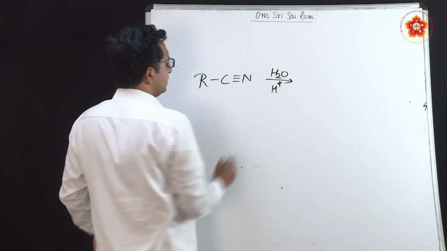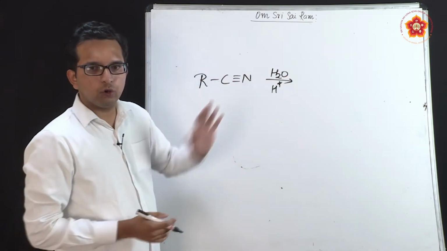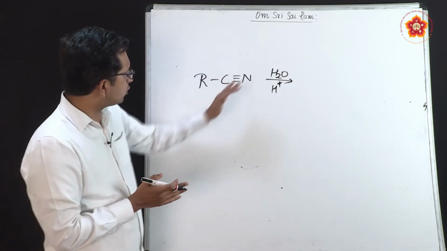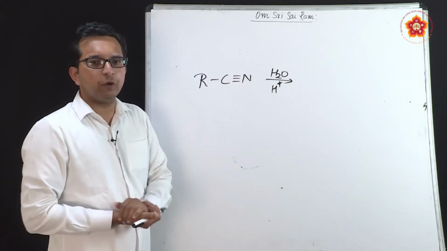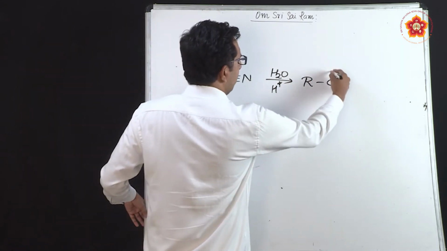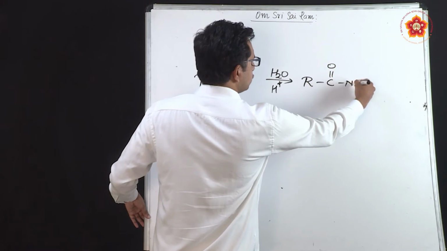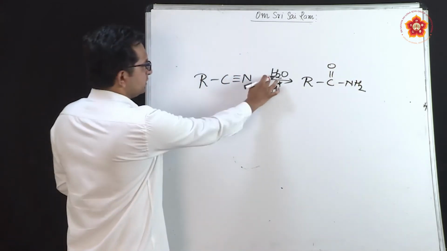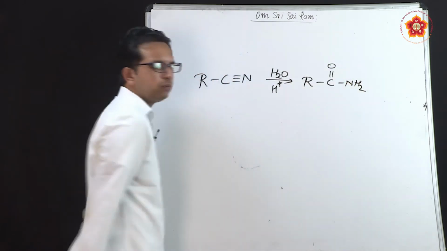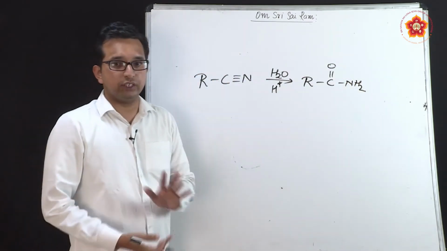Now H plus is the acidic medium and H2O component is added here. The mechanism is not there for you where you actually end up breaking both the pi bonds which are there. We directly go to the products where these can form amides. So if you see RCN, there is an attachment of 2 hydrogen atoms to the nitrogen and 1 oxygen atom to the carbon which was there.